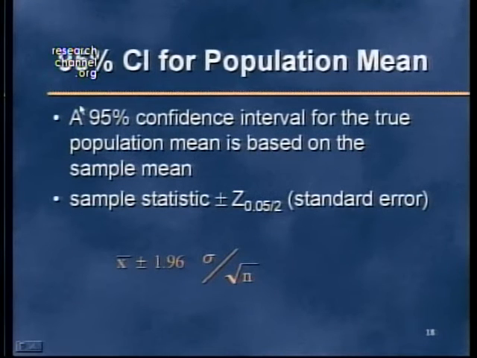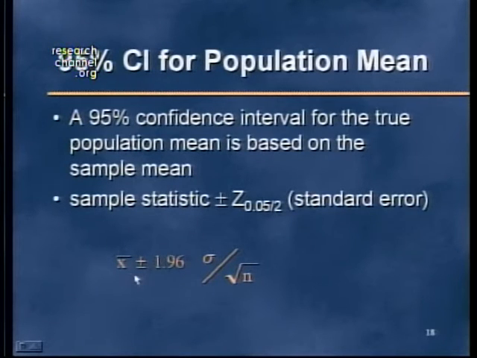So for a single sample, sampling from one population, a 95% confidence interval for a population mean is based on taking the sample mean that we calculate from our data, adding and subtracting 1.96, because that's the z that corresponds to 0.05 divided into 2 tails, so 0.05 divided by 2 to give us 95% confidence, times the standard error of the mean, which is sigma over the square root of n.